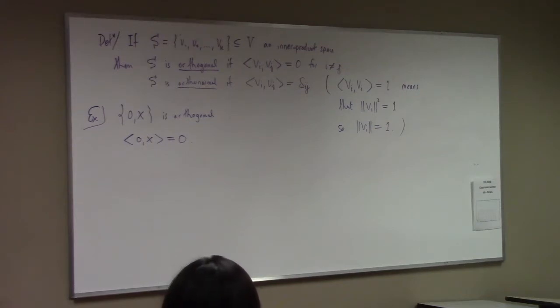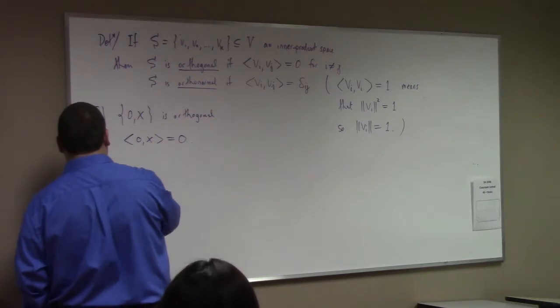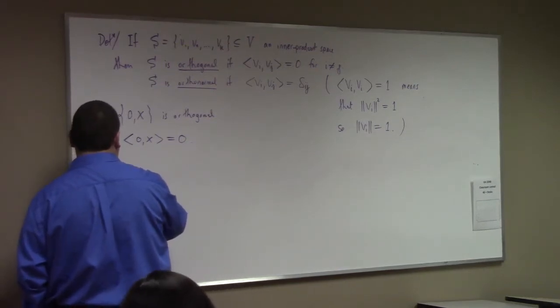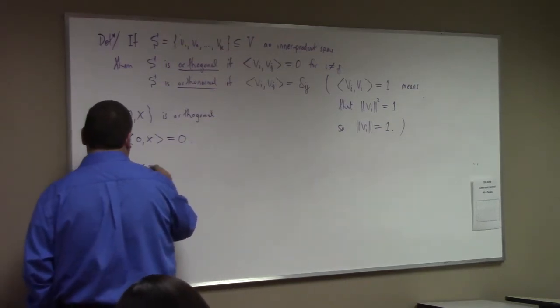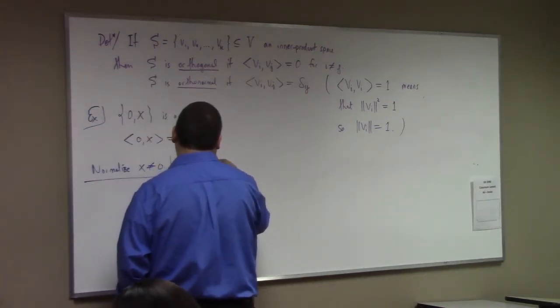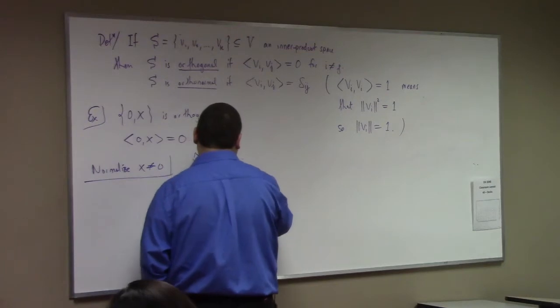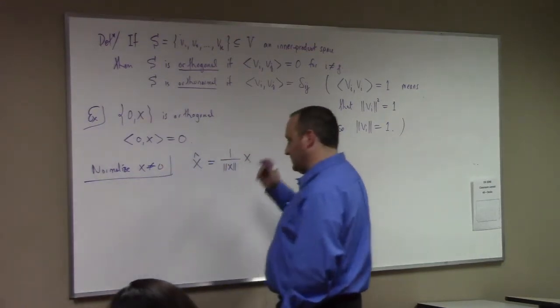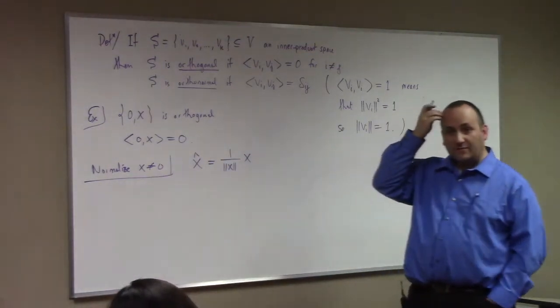I mean, you could normalize x. How do you normalize x not equal to 0? I usually call it x hat. It's 1 over the length of x times x. That's a unit vector in the direction of x.